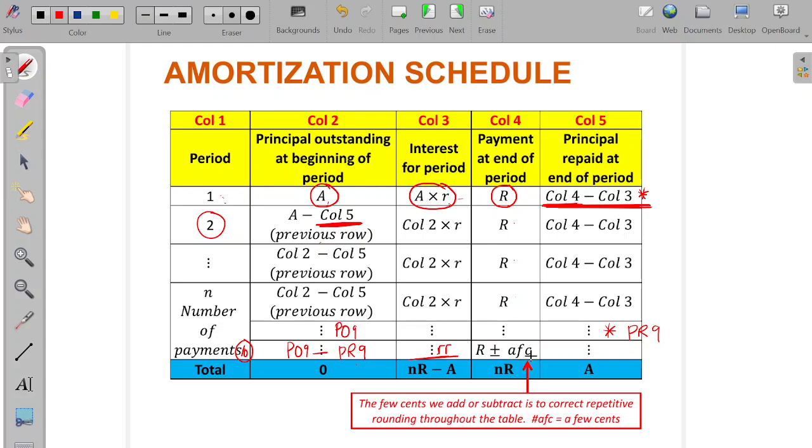Now, in the last one, the decimal places are different from the previous ones. So in order to calculate this one, whatever you get in your principal outstanding here is exactly what will be here. Don't forget we have our RR. So in order to find this, you add this one to this one.